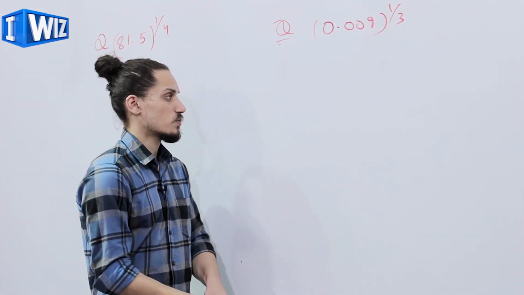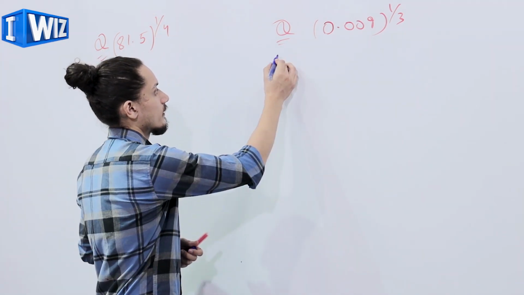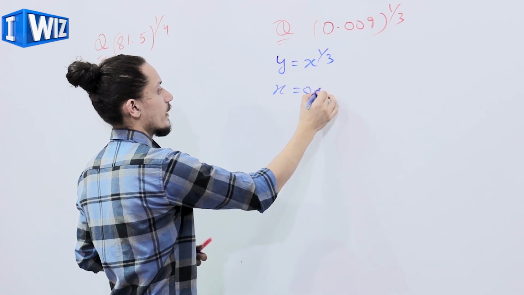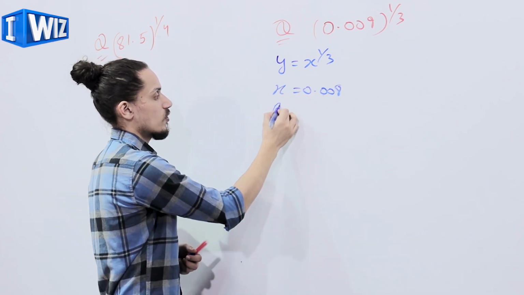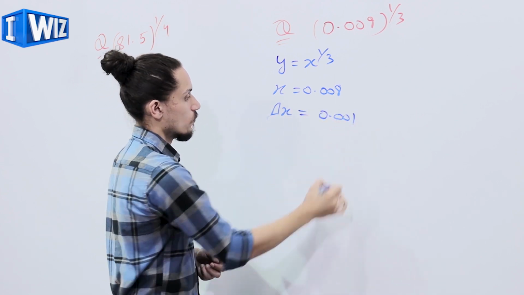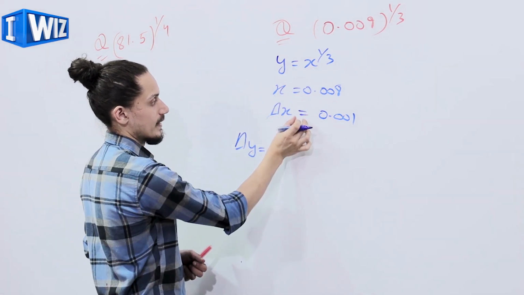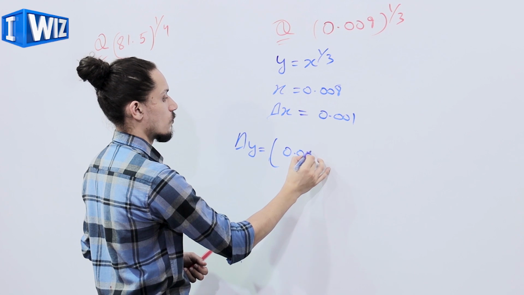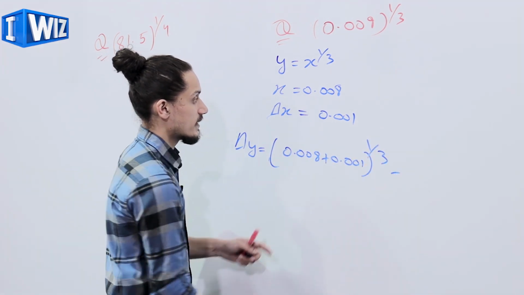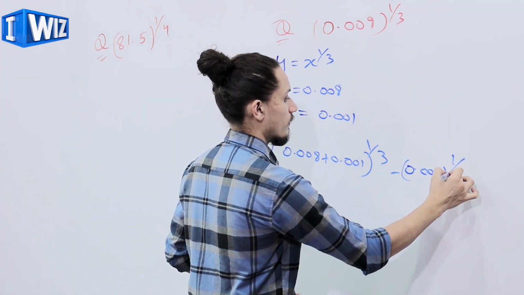Now we have to find the approximate value of 0.009 raised to power 1 by 3. Here y is equal to x raised to power 1 by 3, x is equal to 0.008, and small increment in x, delta x, is equal to 0.001. So delta y will be given as f of x plus delta x, that is 0.008 plus 0.001 raised to power 1 by 3 minus f of x, that is 0.008 raised to power 1 by 3.